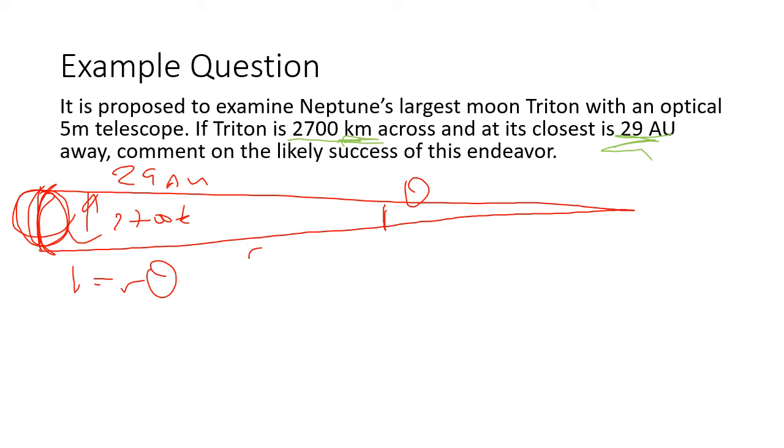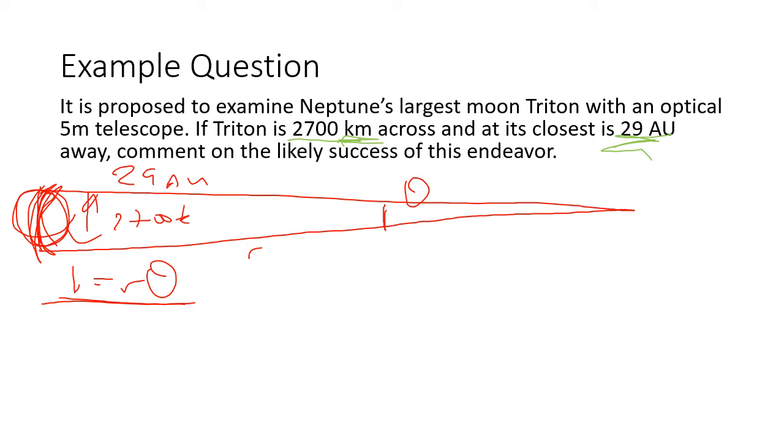Because that angle is so tiny, the difference between that being a curve and a straight line is utterly negligible. So we can work out our theta from that equation, even though it describes a curve and the diameter of something is a straight line, because we're applying the small angle approximation.